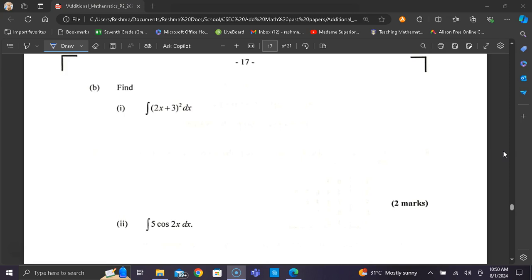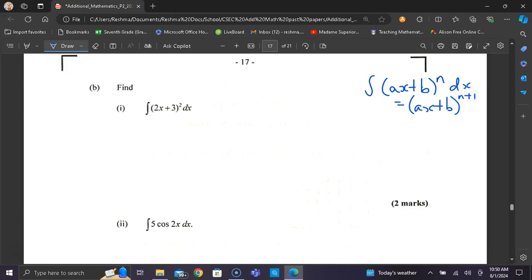So I'm just going to use the formula: the integral of (ax + b)ⁿ with respect to x is equal to (ax + b)^(n+1) over a times (n + 1), plus c.